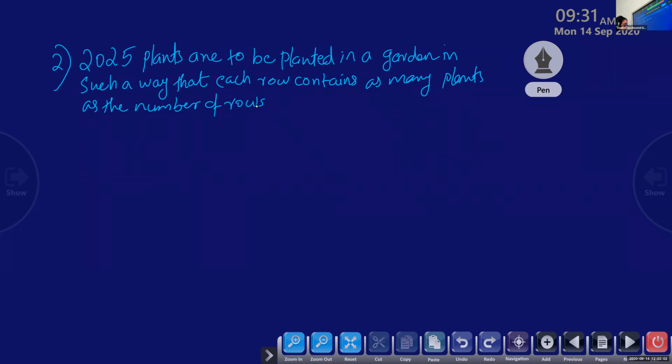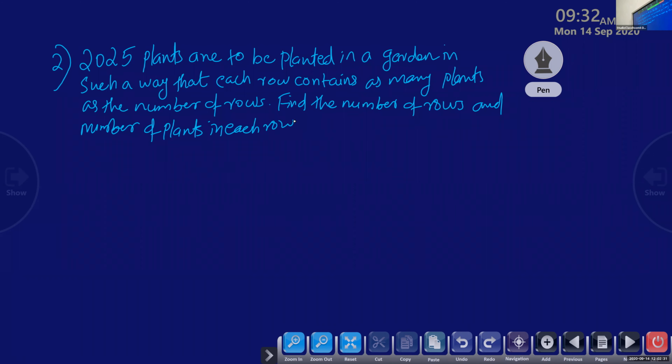Find the number of rows and number of plants in each row.